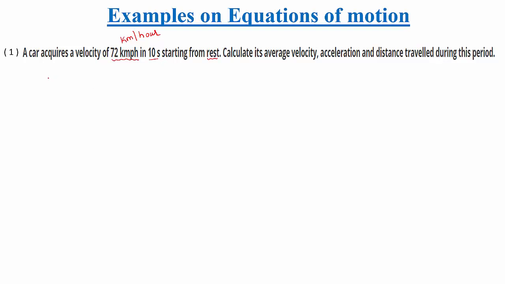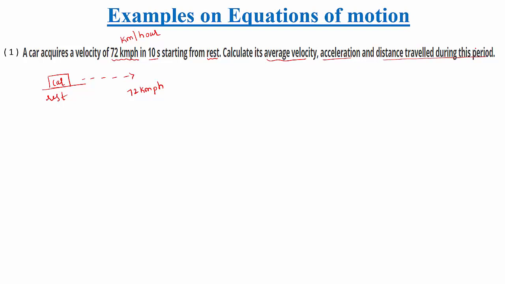That means initially the car is at rest, then it starts to move and it acquires a velocity of 72 kmph. Calculate its average velocity, acceleration and distance travelled during this period.